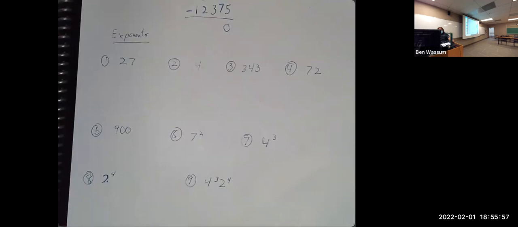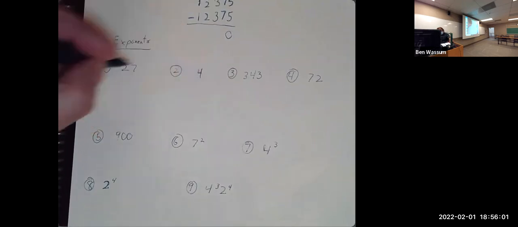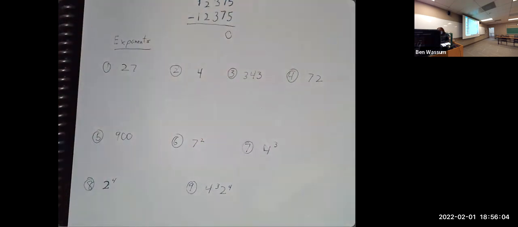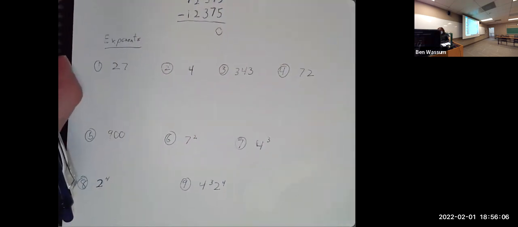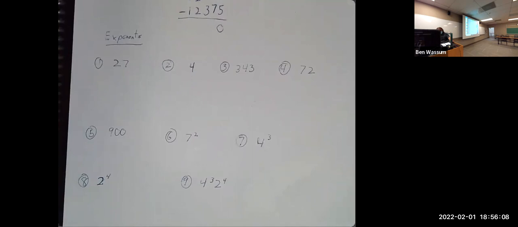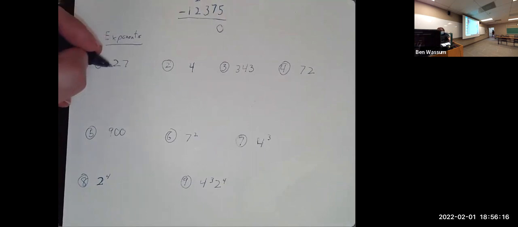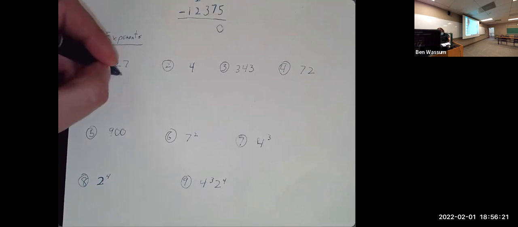So if we are breaking down the first one, we're breaking it down into exponential form, into something that has an exponent. You take whatever number you have and find the prime factorization, so maybe a factor tree.